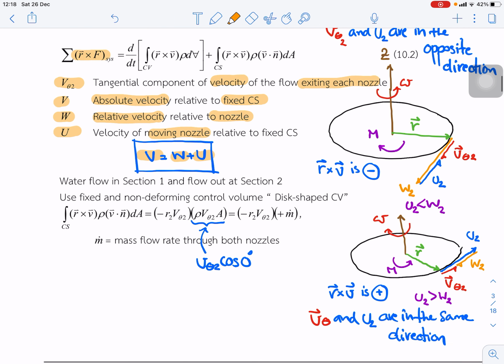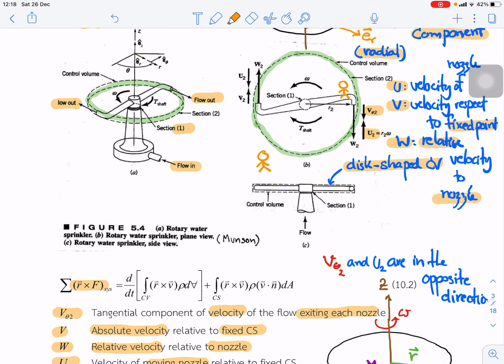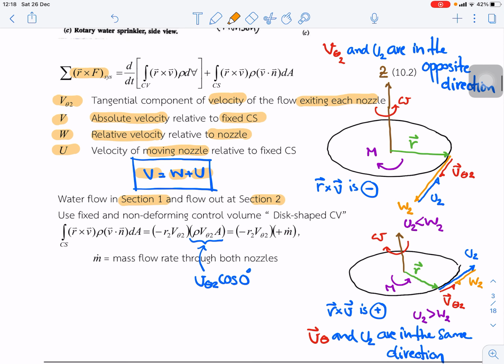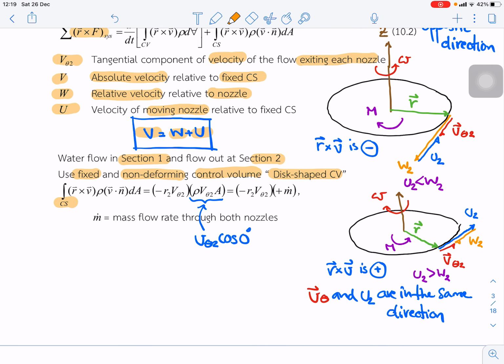Water flows in at section 1 and flows out at section 2. Section 1 is at the bottom of the dish shape, and flow goes out at the surface of the cylinder. We fix and use a non-deformed control volume, and apply it for the control surface.